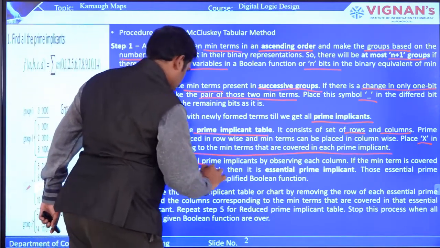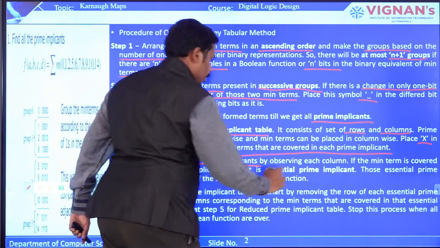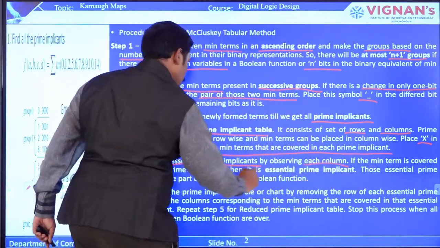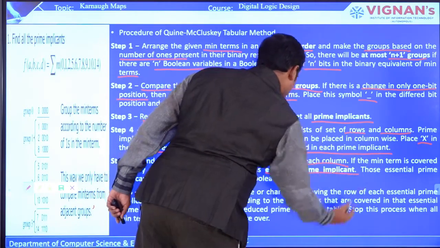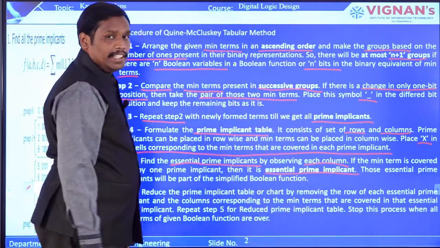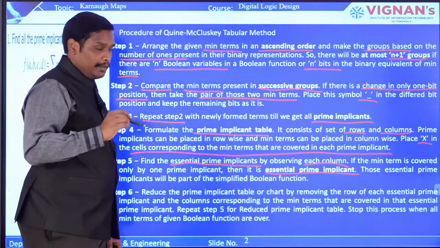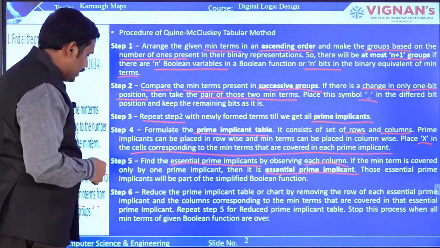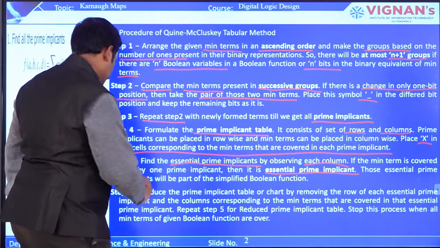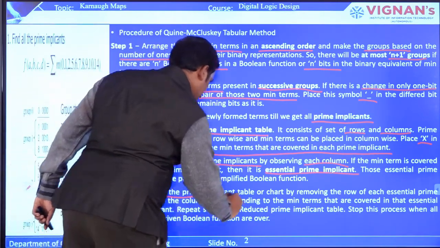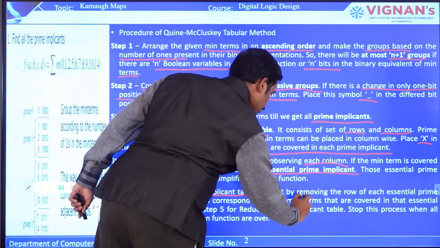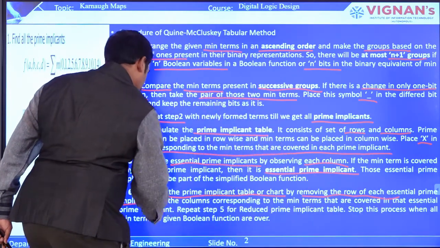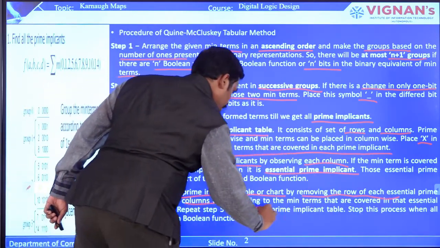Then the essential prime implicants for each column must be taken. We'll see what essential prime implicants are. Essential prime implicants are the implicants that are in the final expression. Finally, the last step is to reduce the prime implicant table or chart by removing the rows of each essential prime implicant and the columns corresponding to its min terms.